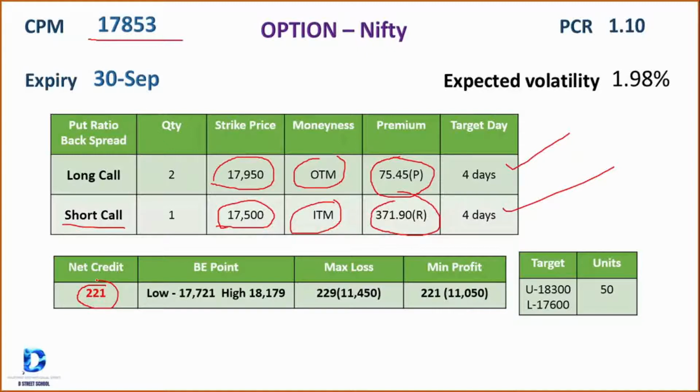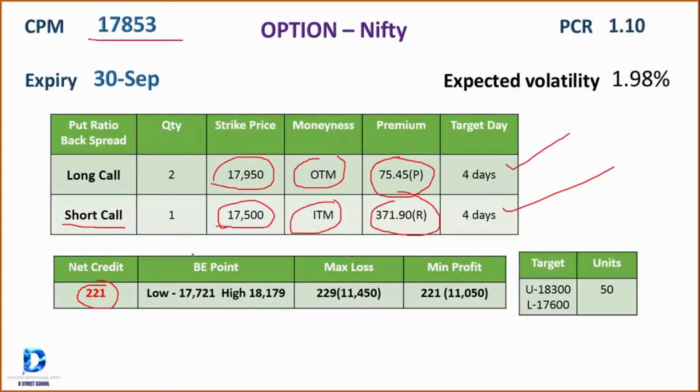As soon as we initiate this option strategy, our MTM will be positive with a net credit of 221 rupees in premium. That would be 11,050 rupees. So this is the minimum profit we will be booking.